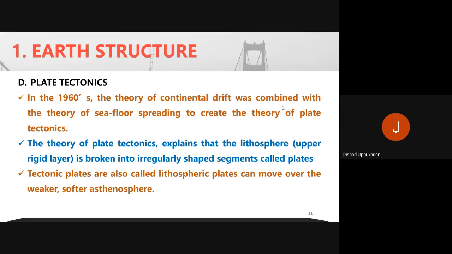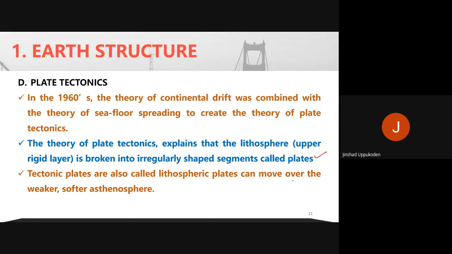So the plate tectonic theory states that the lithosphere, that is the crust as well as a few portions of the upper mantle, is broken into several segments, pieces, which we call plates, or tectonic plates.